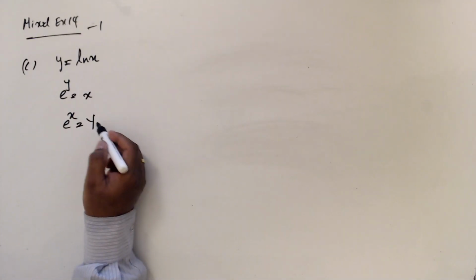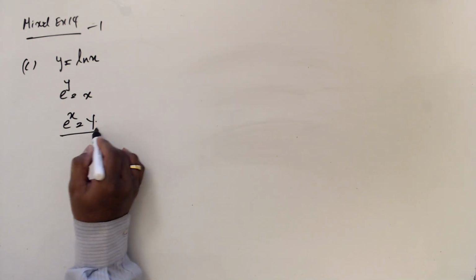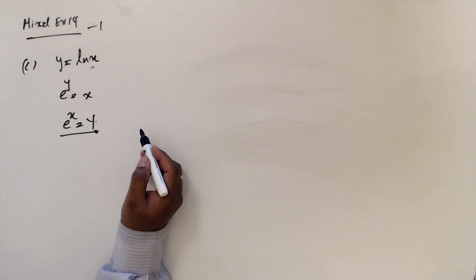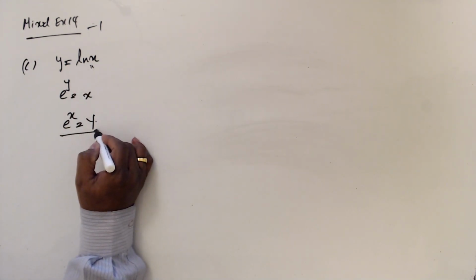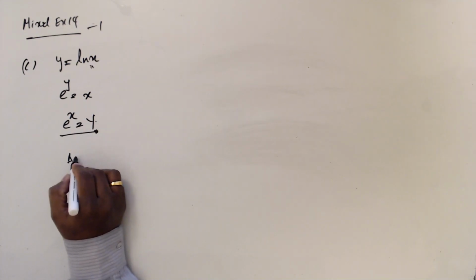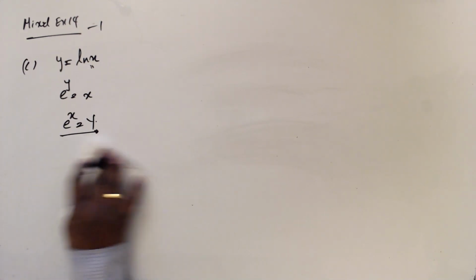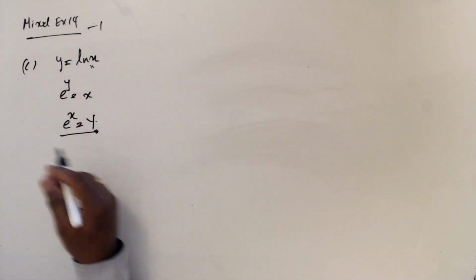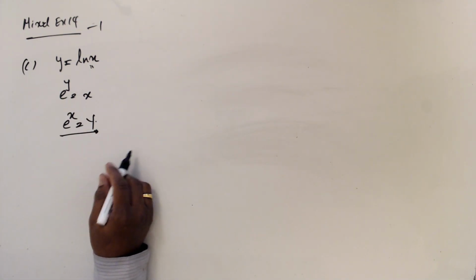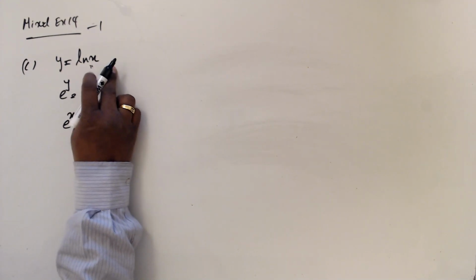So in other words, if this is the graph, this is the inverse graph. A is a friend of B, then B is a friend of A. They are inverses of each other. If this is the function, this is the inverse. If this is the inverse, this is the function.